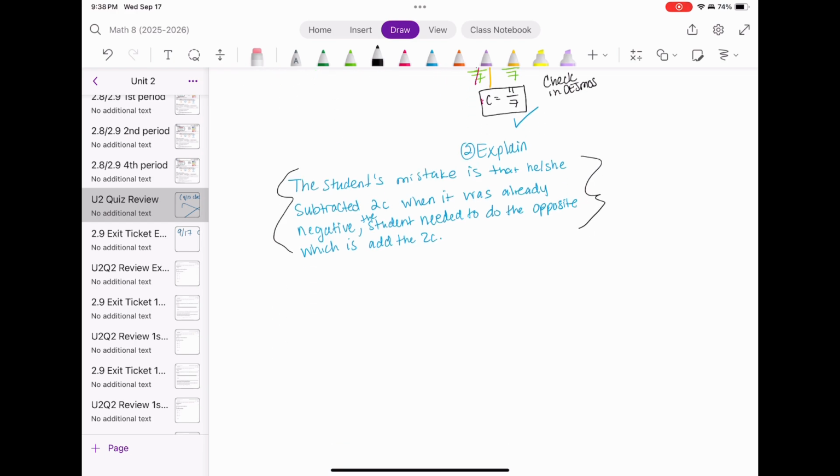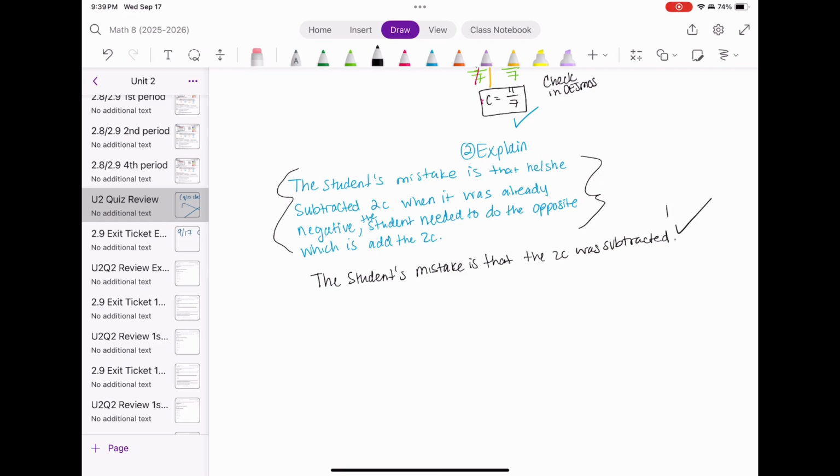And you can always cut the sentence and make it shorter. You can simply say, the student's mistake is that the 2c was subtracted. And that's good enough. You can get a point for that.